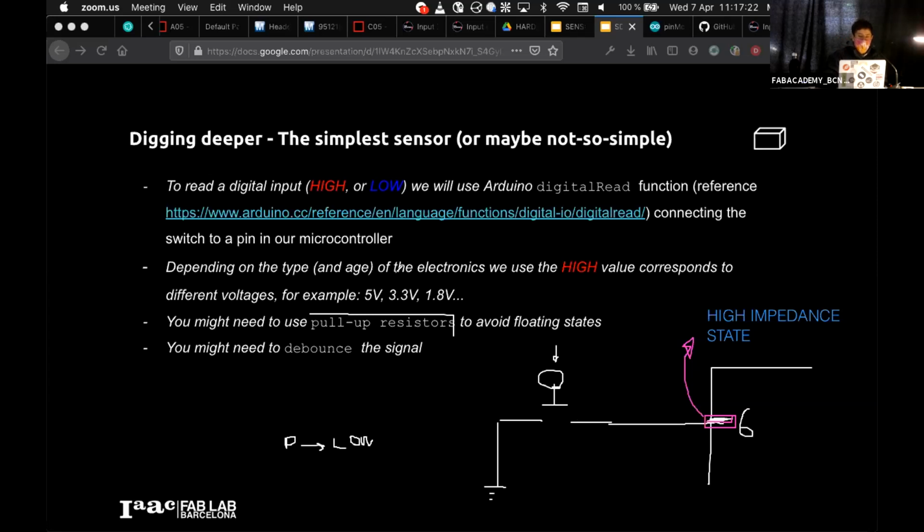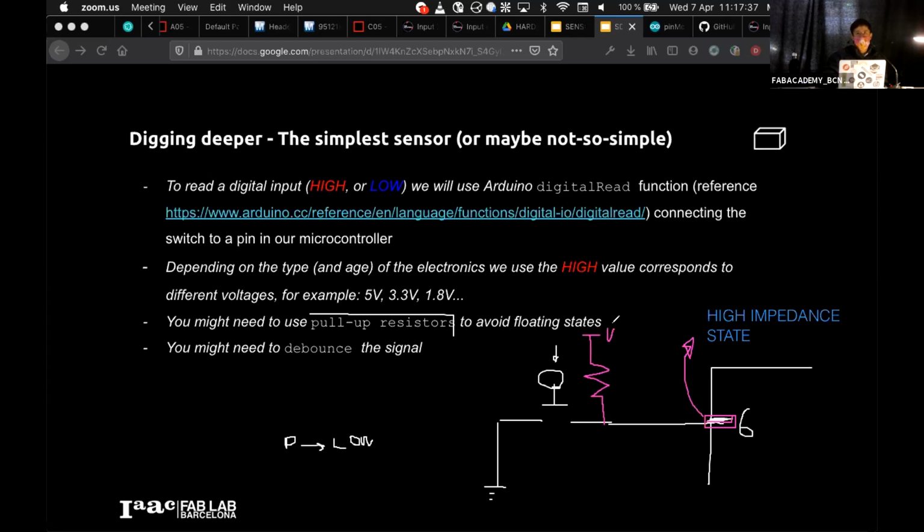So, answering your question, we use a pull-up resistor to pull the line up to our voltage level.